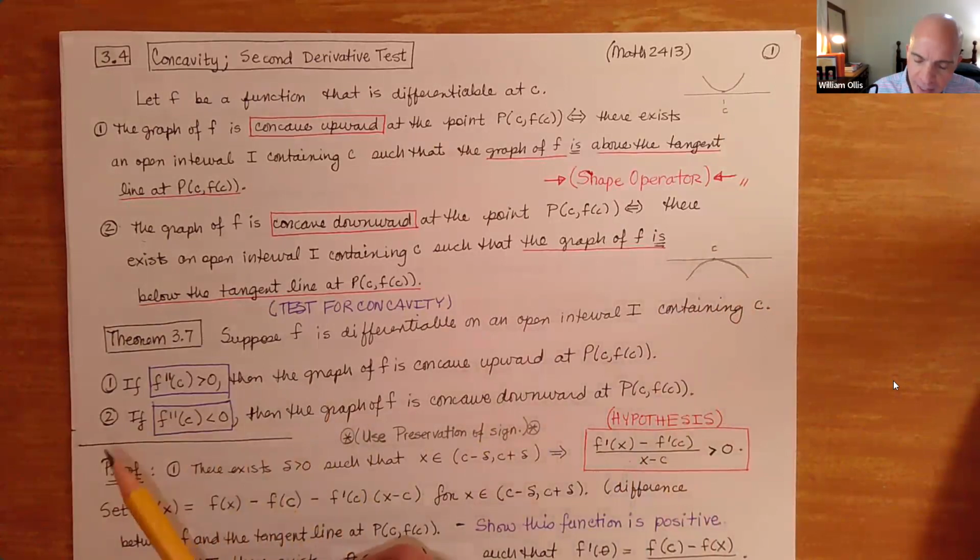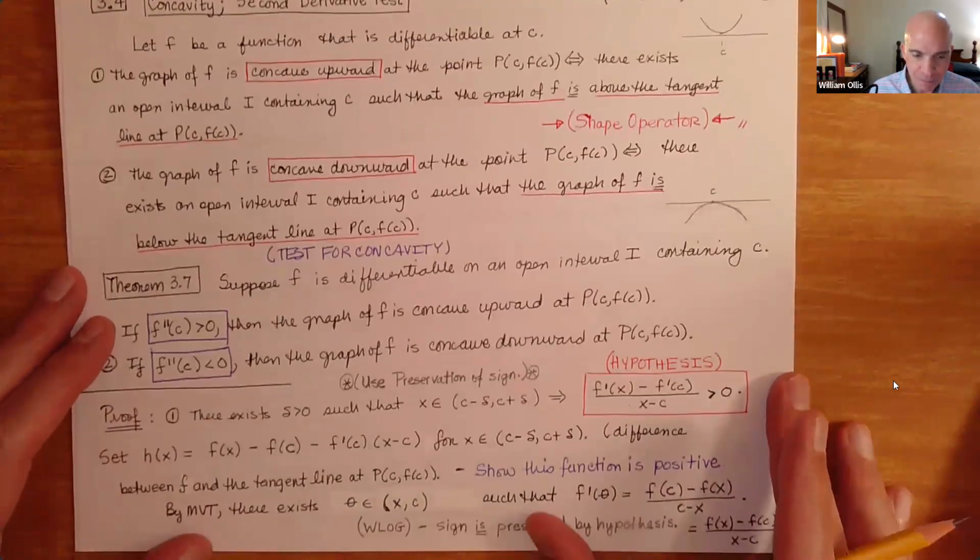So again, we're forced to check arithmetic because we're thinking, if the increasing decreasing has to do with the sign of the first derivative, it is most likely the case that the upward or downward concavity would have something to do with the sign of the second derivative. And we see that in the next result.